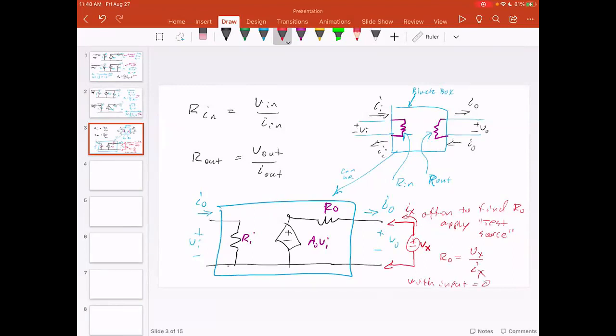So we apply 0 volts or 0 current to the input, and then we see what we get looking in there. And in this case, if we applied 0 volts here, if we shorted this, right? So then Vn equals 0, then this would be 0, and a voltage source which is 0 is just a short circuit. So we'd have a short straight to there, and we would see R out is equal to the R out that's already existing when we apply this Vx and Ix.